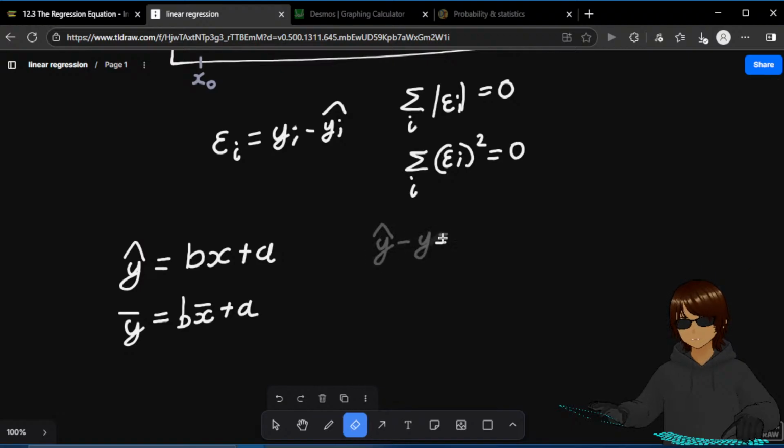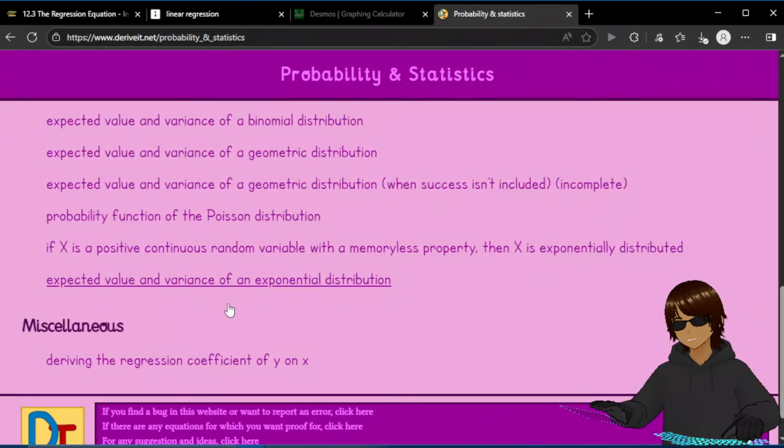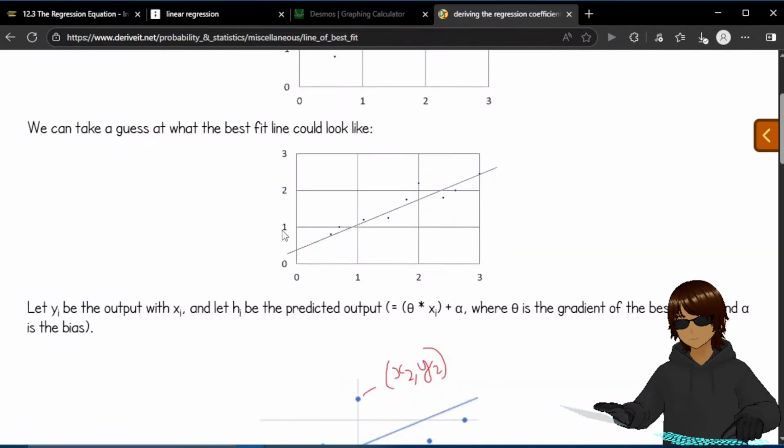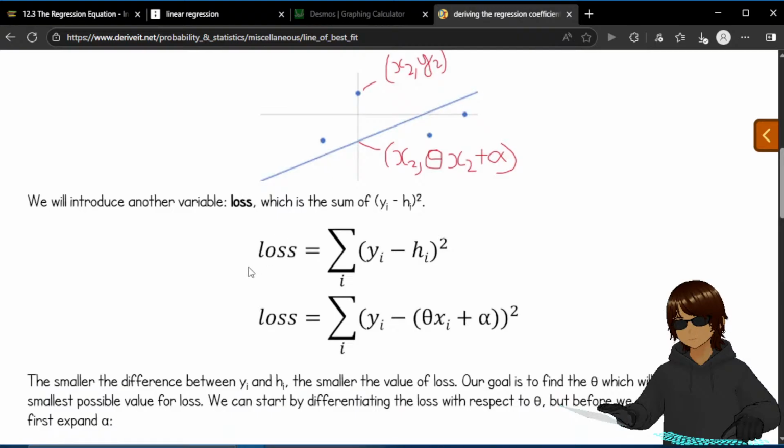No, no, never mind. Let me see how I did this before. I wrote the derivation over here. So the loss is this.